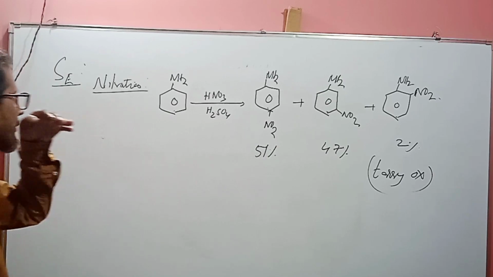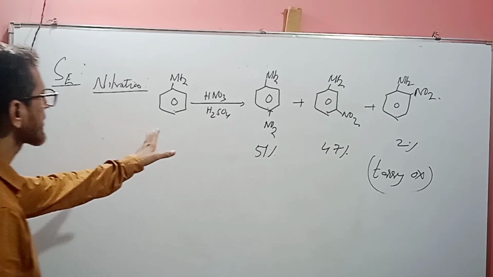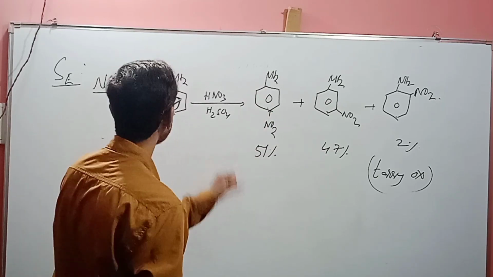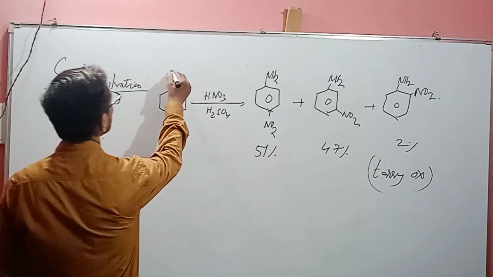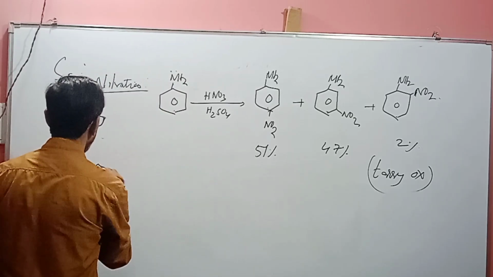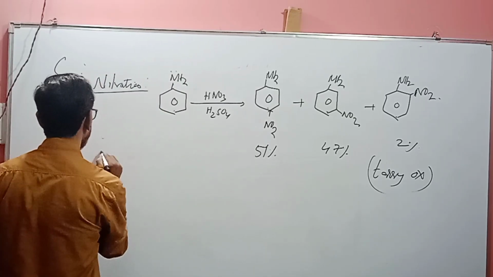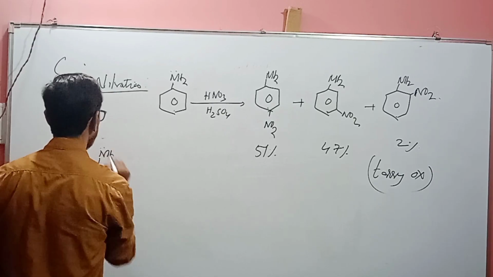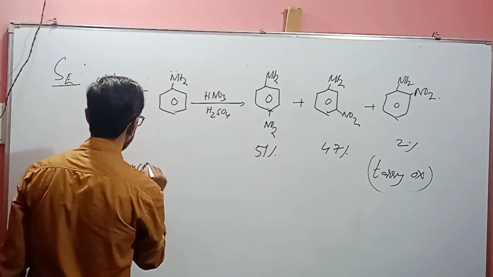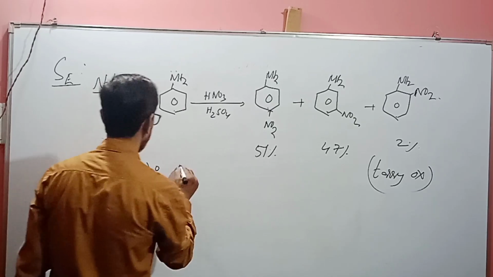Now again, if you want to get para nitroaniline as a major product, again we need to protect this group. So we will apply the earlier concept in combination. Am I right?